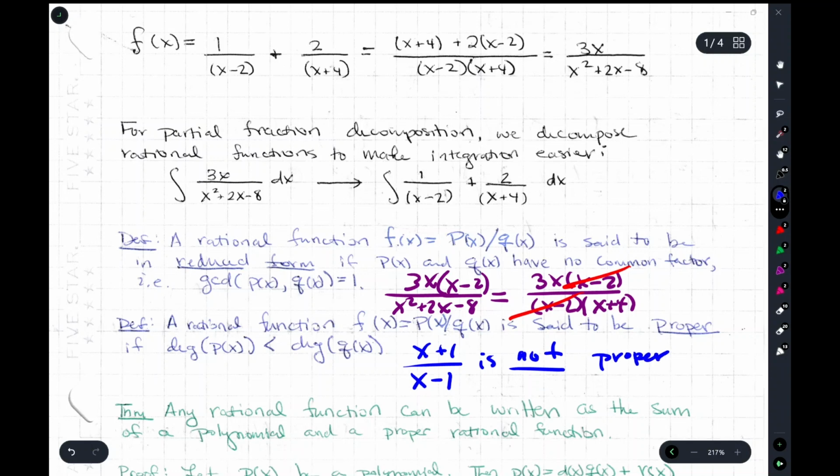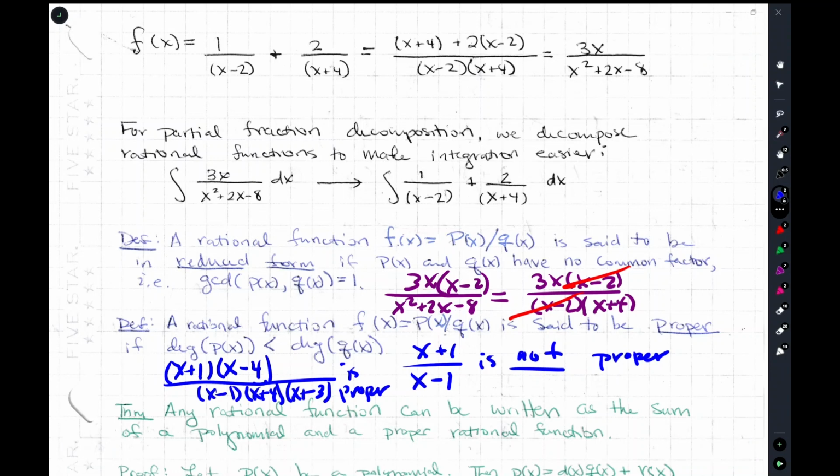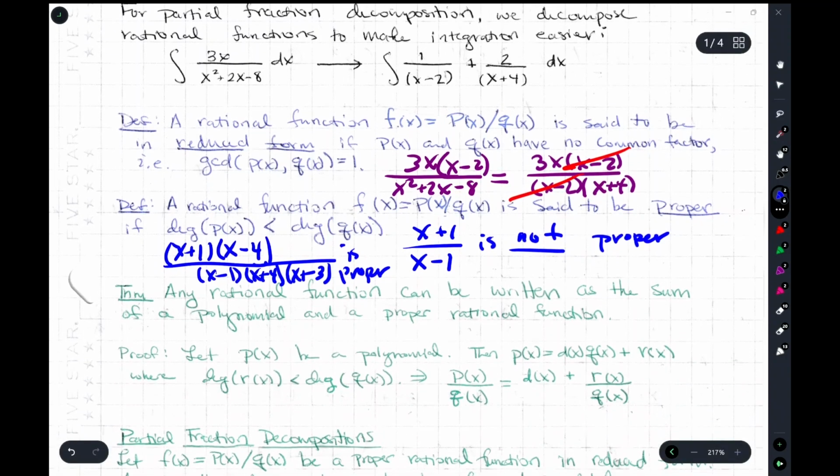But x plus 1 times, say, x minus 4 all over x minus 1 times x plus 4 times x plus 3 is proper. That's because the numerator has a degree of 2 and the denominator has a degree of 3. And they don't have any common factors, so that rational function there is proper.